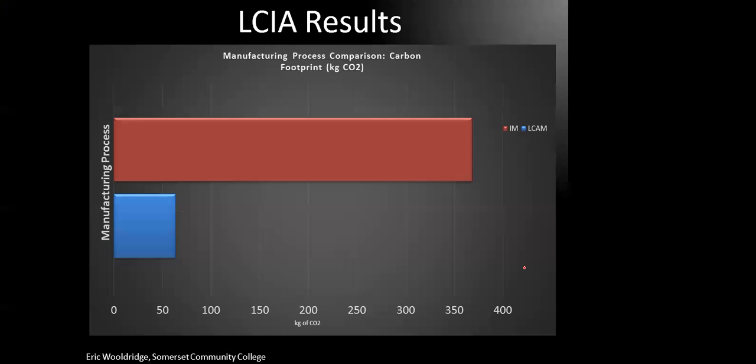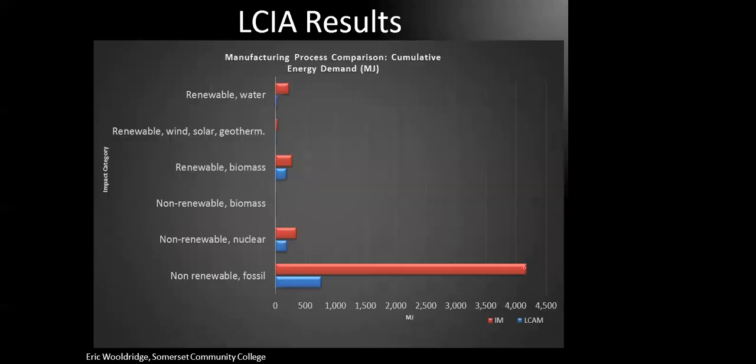And to break it down a little bit more in terms of these studies, we do more than just carbon footprint. We look at cumulative energy, toxicity to the environment, everything. But in terms of cumulative energy, you can see the impacts between the two technologies. The injection molding was drastically worse on the environment in terms of non-renewable fossil fuels.